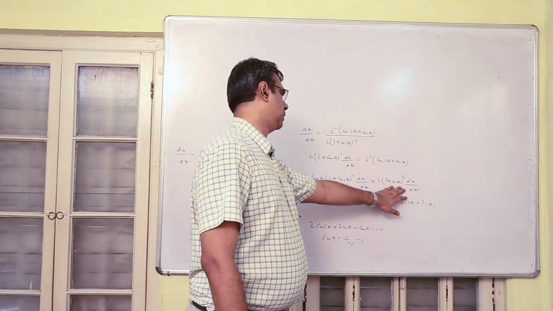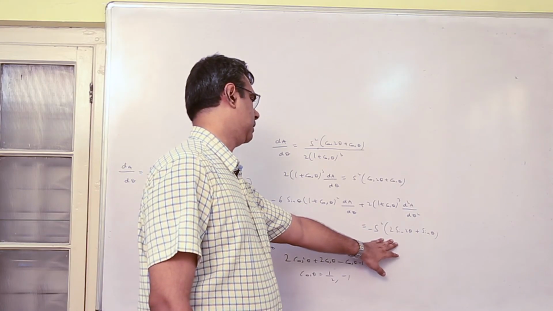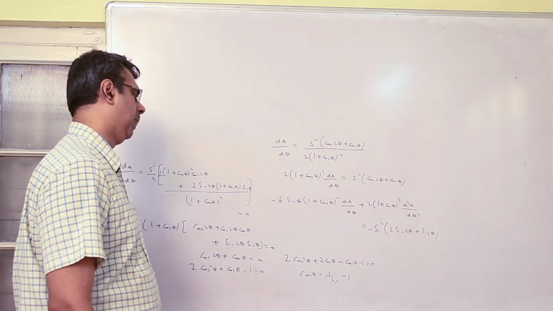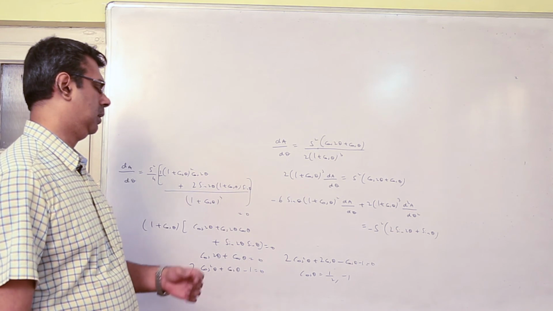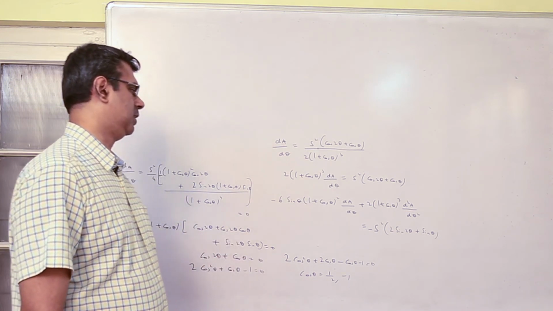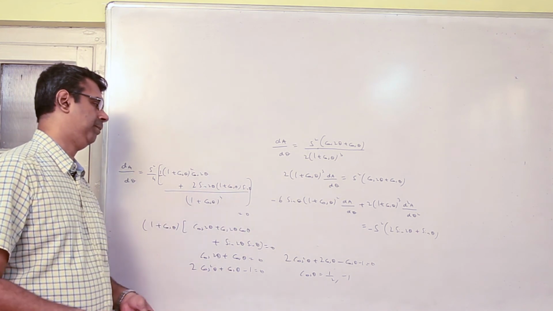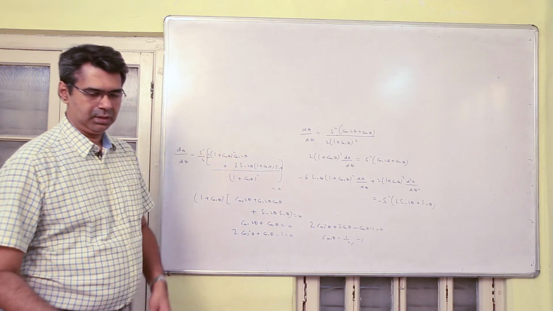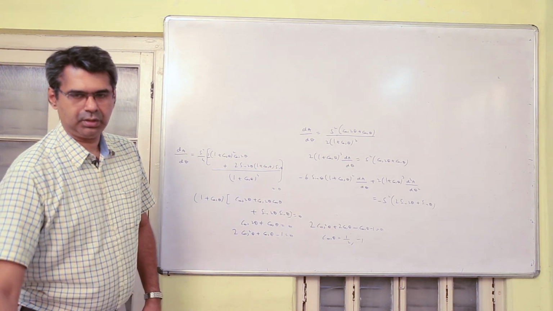This part will be positive and the right hand side is negative. So second order derivative will come negative. So that means the area is maximum when cos theta is half, which means theta is 60 degree. So that brings us to an end of this question, and it also ends the session of application of derivatives.